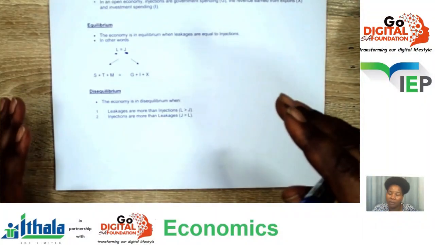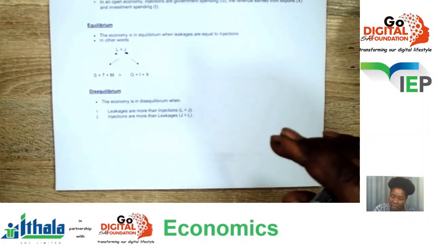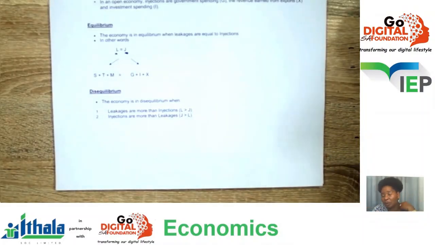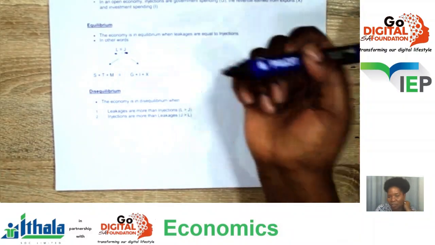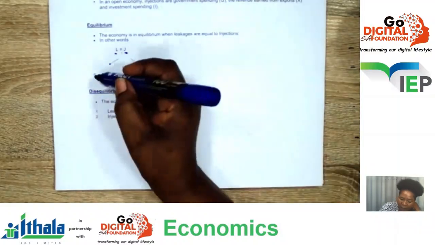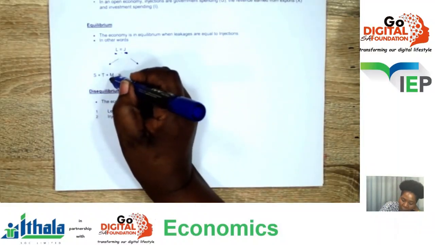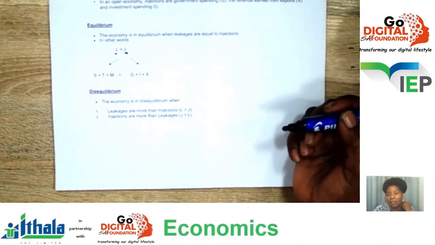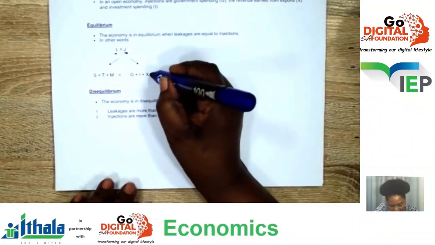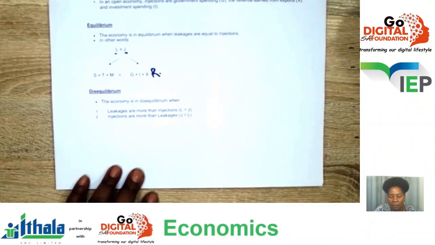There is no way that we can do without leakages, and there is no way that we can do without injections. So how can this be a win-win situation? Only when leakages equal injections. That means our savings, our taxes, and our imports are equal to government spending, investment, and exports. On the right side, money is coming into our country. On the left-hand side, money is going out of the country.